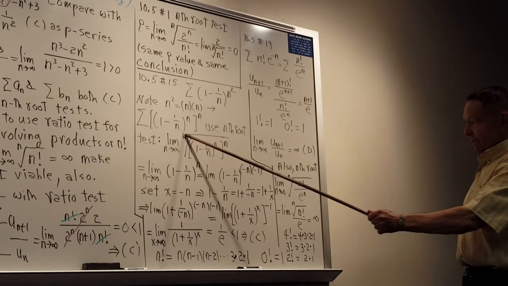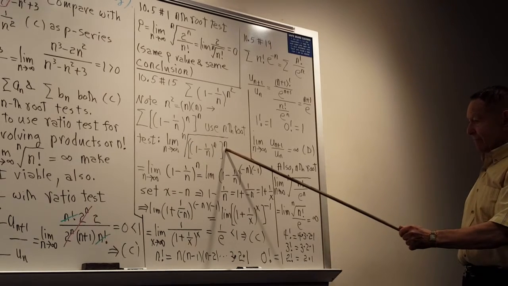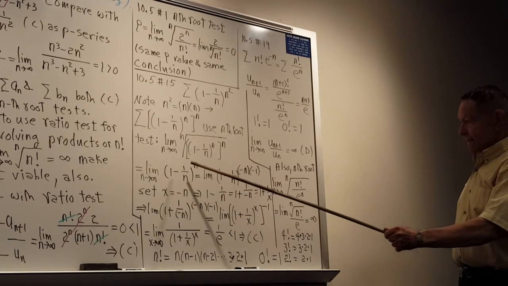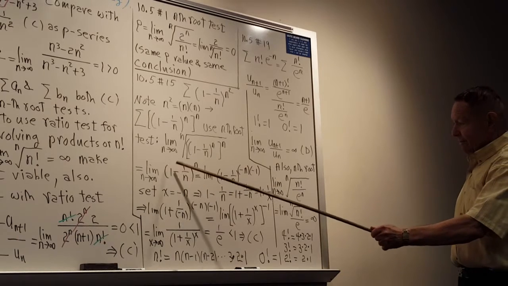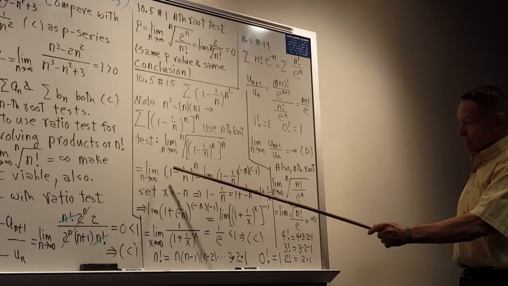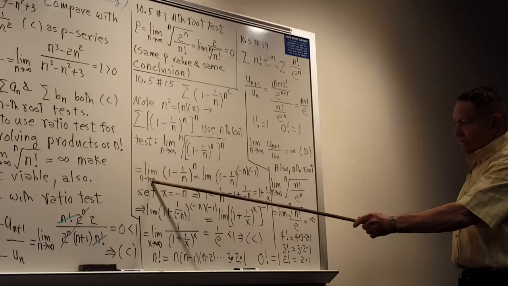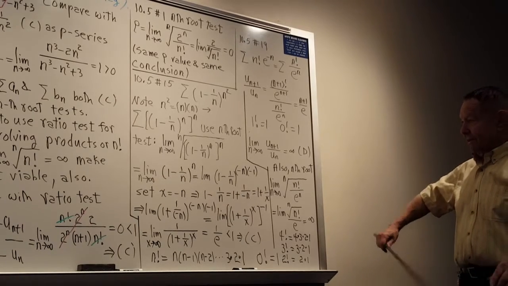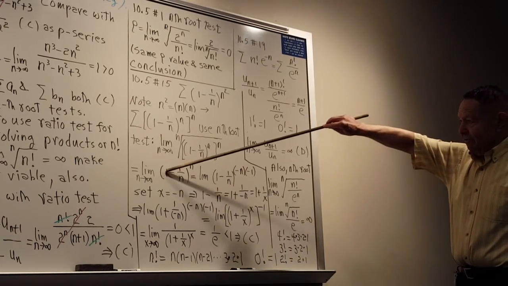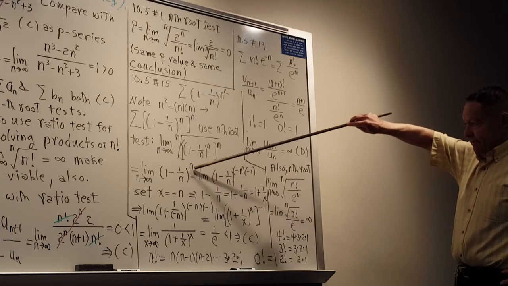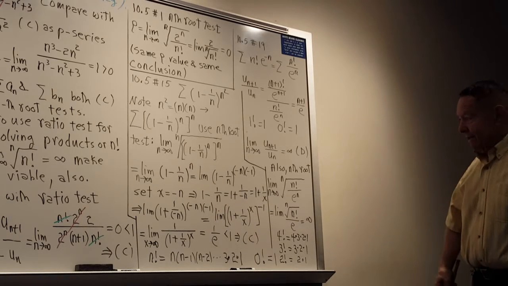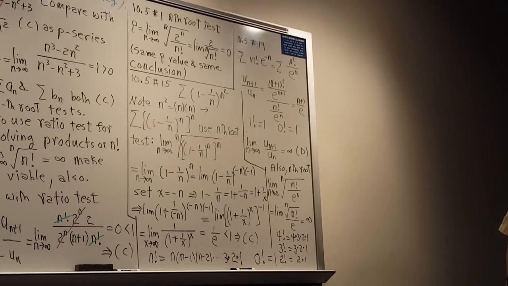So this n will cancel with that one. And it'll leave you then that the sequence that you're trying to show the limit of is less than 1 is the sequence 1 minus 1 over n to the nth.